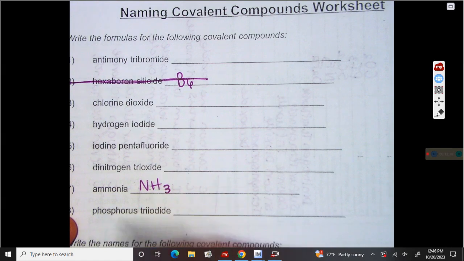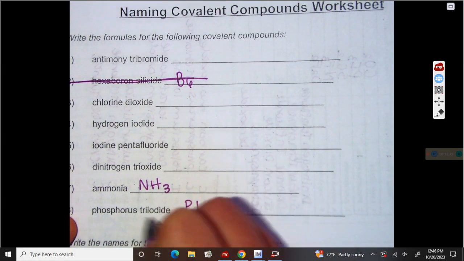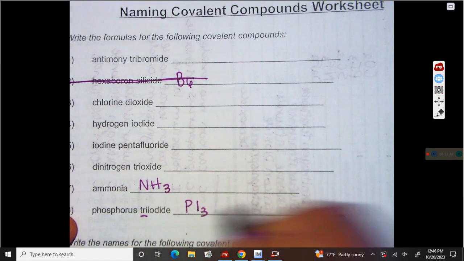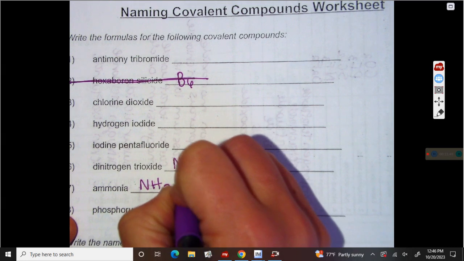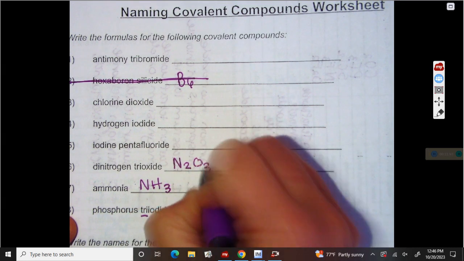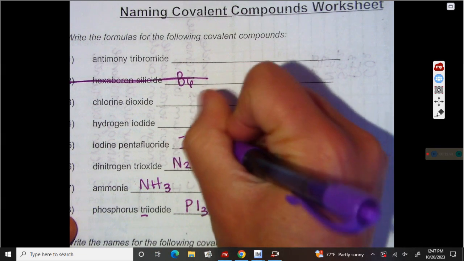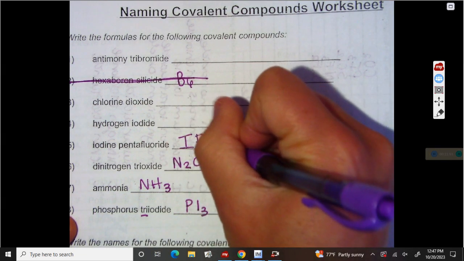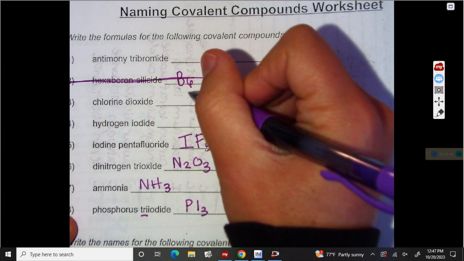Phosphorus triiodide. Phosphorus, P. Iodine, there's a tri there, so that's 3. Dinitrogen trioxide, 2 nitrogens, 3 oxygens. Iodine pentafluoride. So we got iodine and fluorine. We got 5 fluorines. Hydrogen iodide.